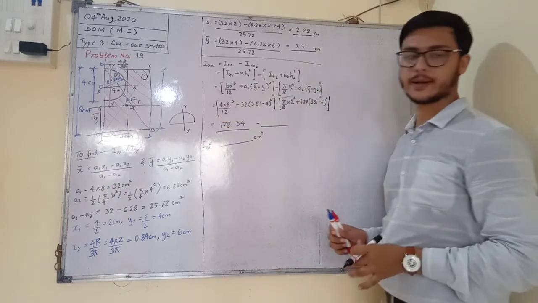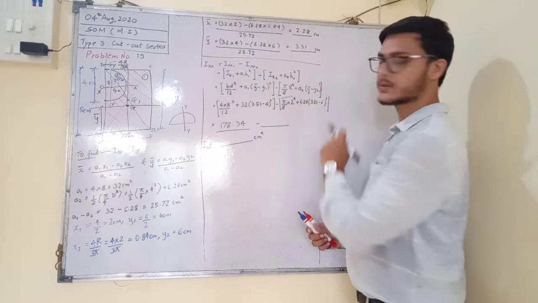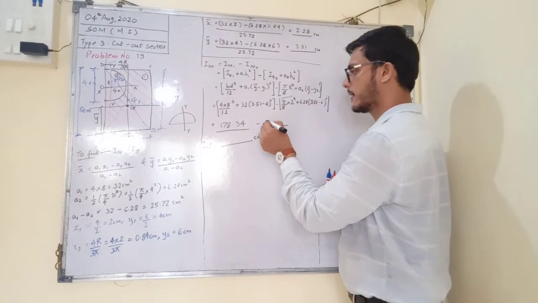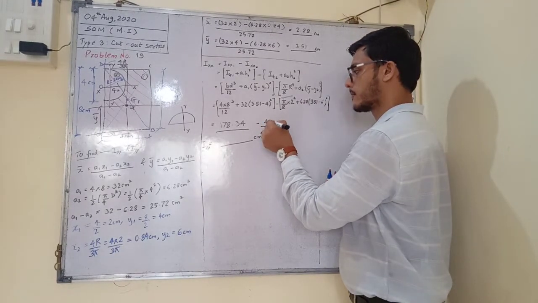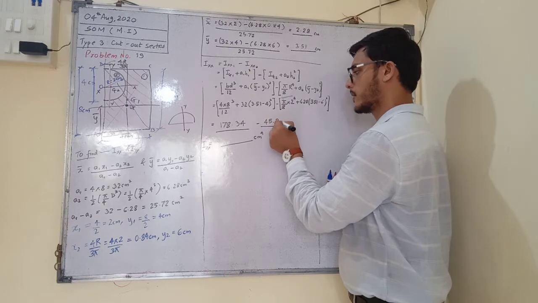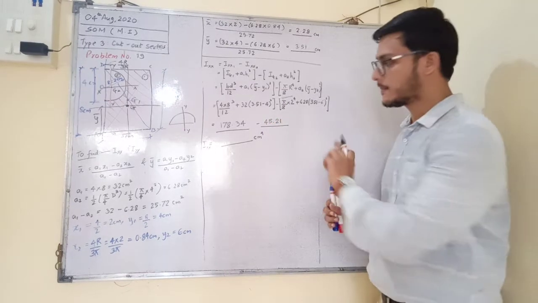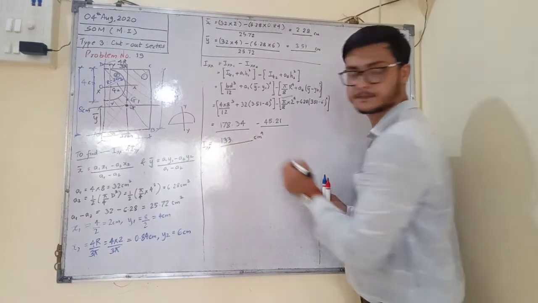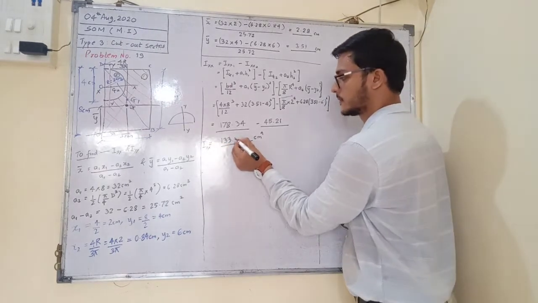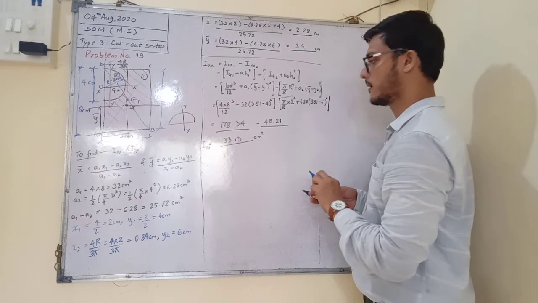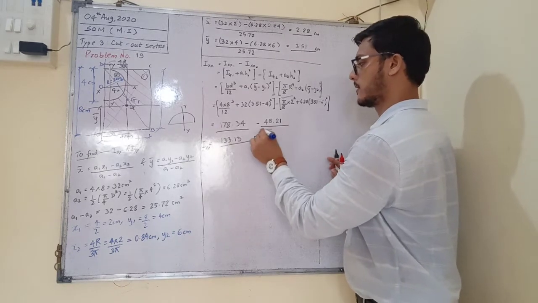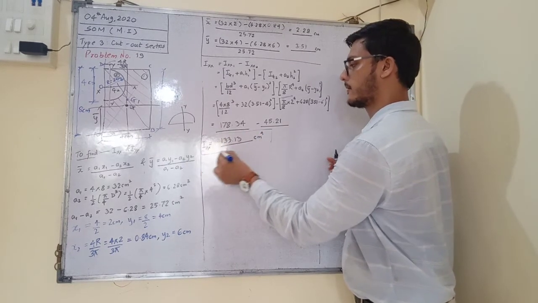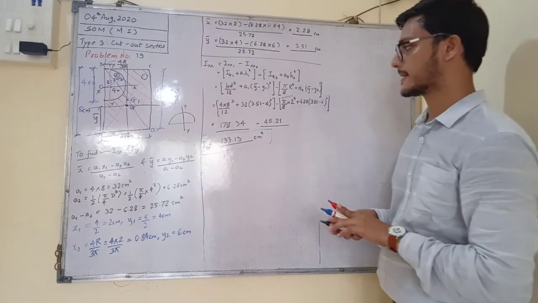Similarly, I am solving the second square bracket. I am getting the answer as 45.21. On subtracting these two, the final answer I am getting is 133.13, which is the value of Ixx, moment of inertia about centroidal x-axis.